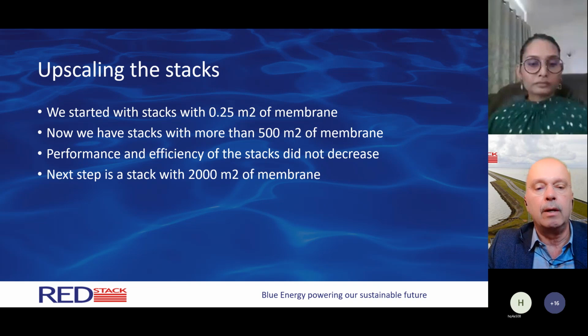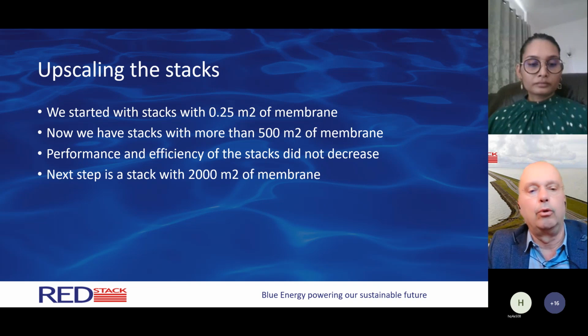And the good news is that thanks to all the efforts, the efficiency is still the same. Per cubic meter of water and per square meter of membrane, we're still harvesting the same amount of power, despite all the upscaling. So there was no efficiency loss in the upscaling.